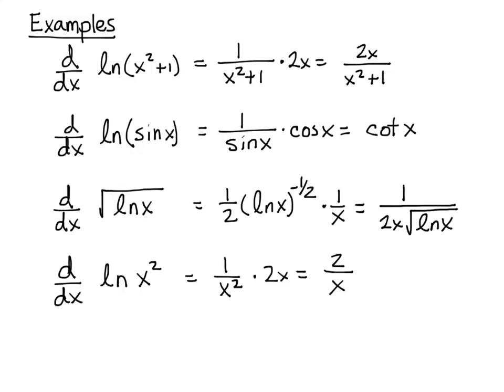Now the second way we can do this is that we can rewrite that function before we actually take the derivative, taking the exponent out as a coefficient. Okay, and remember, when we have a coefficient, that just rides along with our derivative. So when we take the derivative of this, it's just going to be simply 2 over x. And so we get there very directly by taking out the exponents. Okay, everybody follow here?